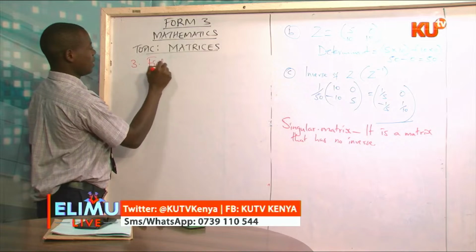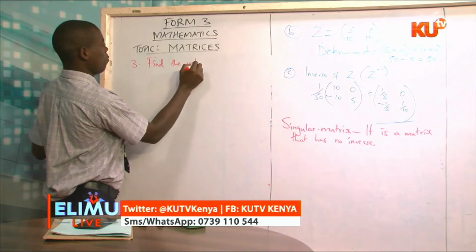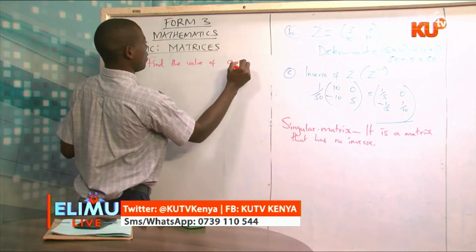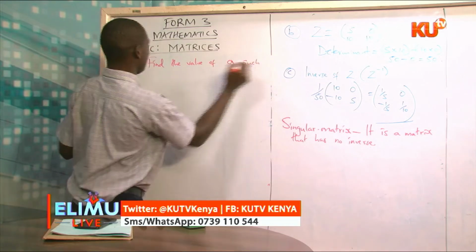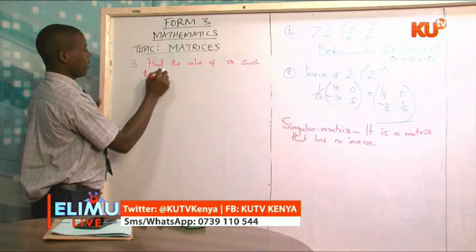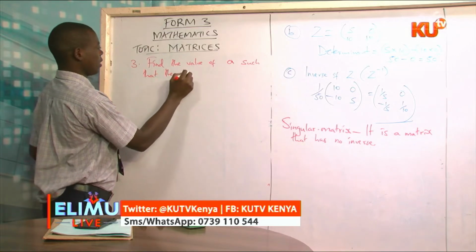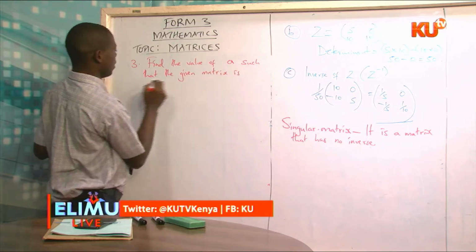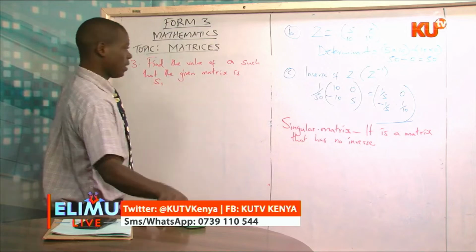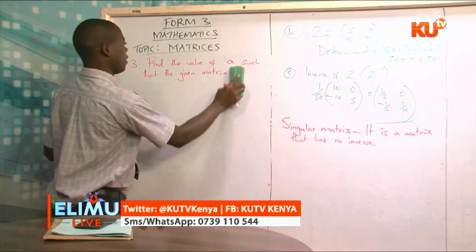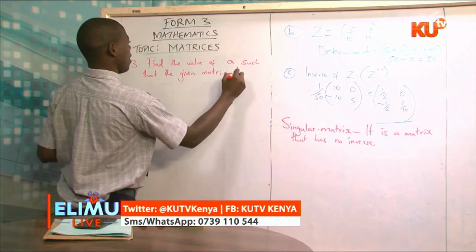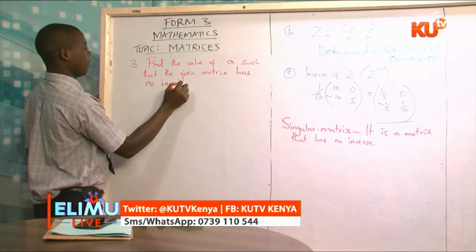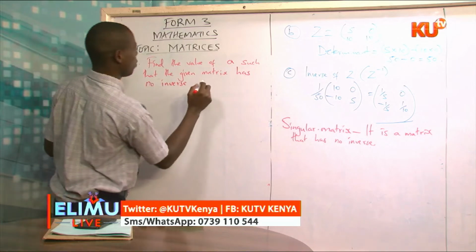Find the value of A such that the given matrix has no inverse.